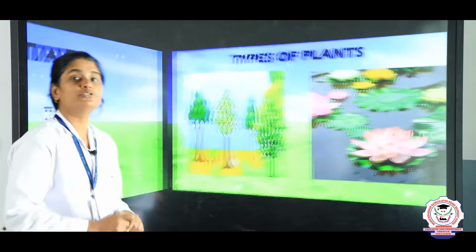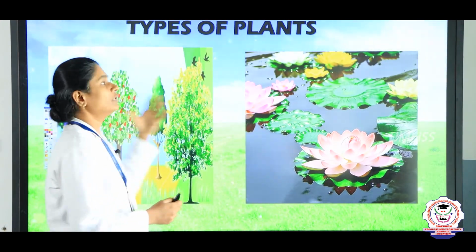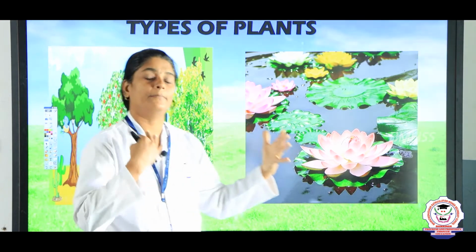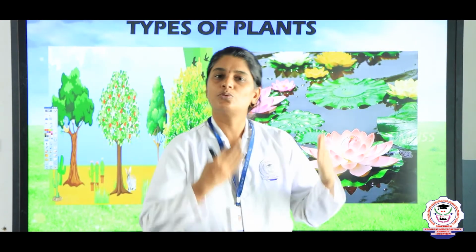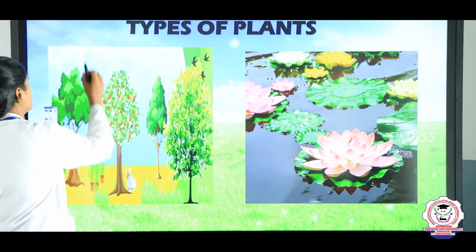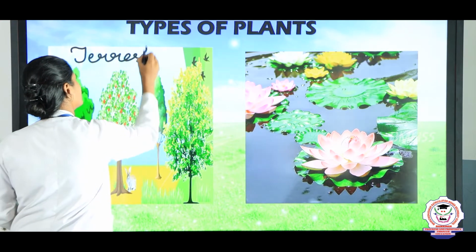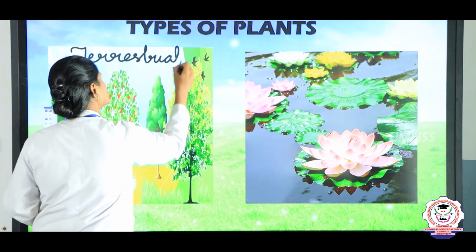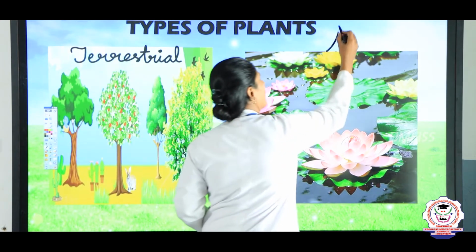Now let us see the types of plants that grow in different places. According to nature, the plants are differentiated into two types. One is known as terrestrial plants, and the second one is known as aquatic plants.